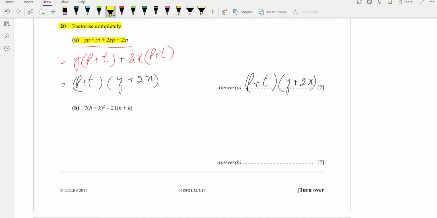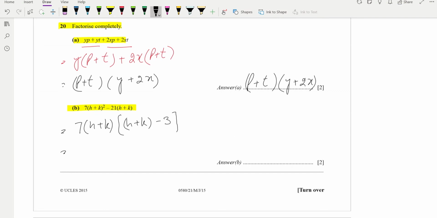Now b part is this one. We have to solve this. So what we can do, we can take common 7, and h plus k, this one we can take common. So inside will be h plus k, and minus this will be 3, and that's all. This will be the common.